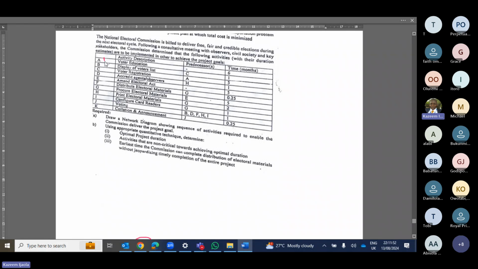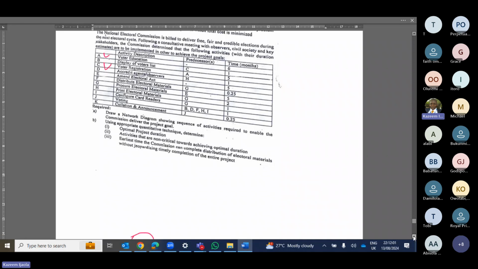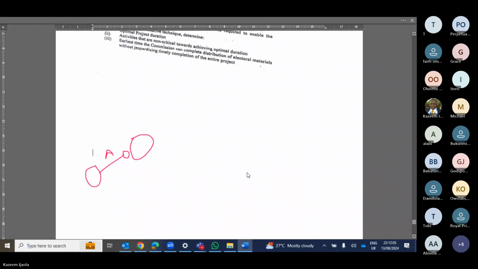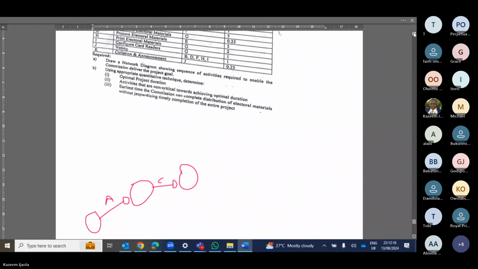B is from where? B is from C. But I cannot draw B because I've not done C. So C is from where? From A. So let me draw C from A. So this is C. Then we now say B is from where?